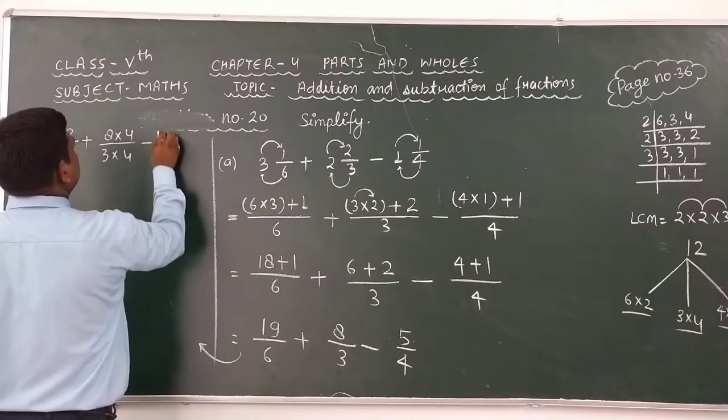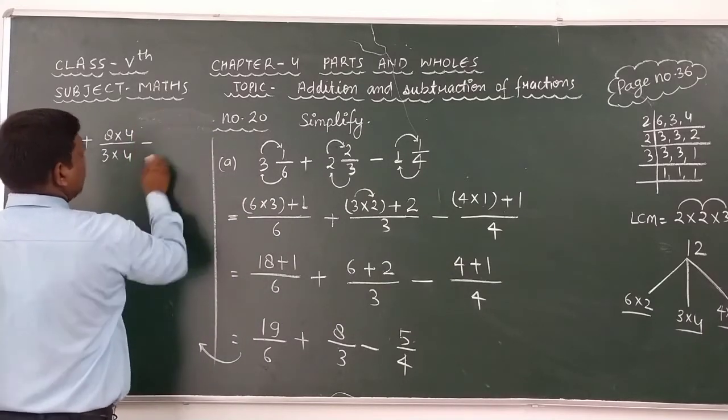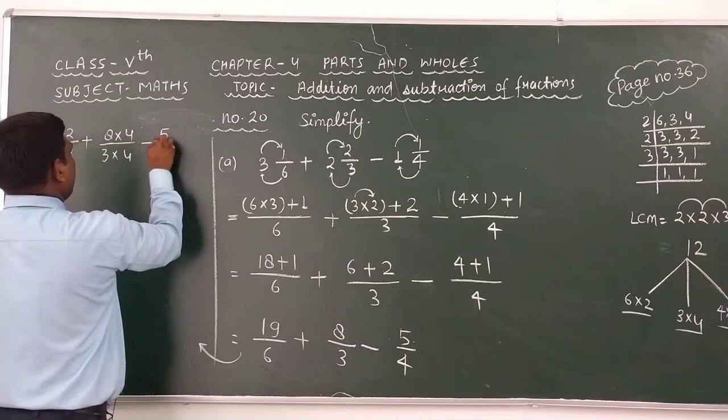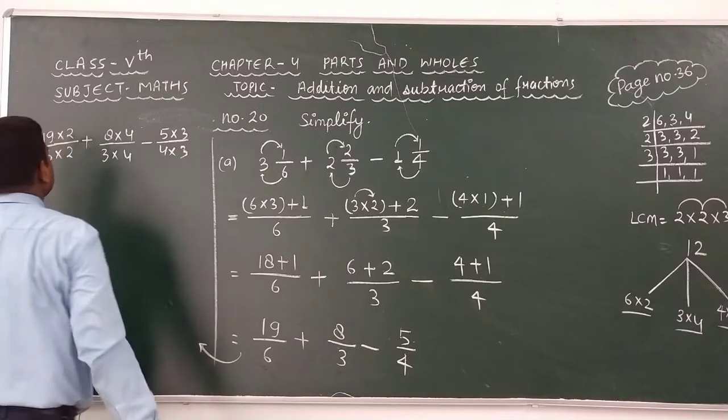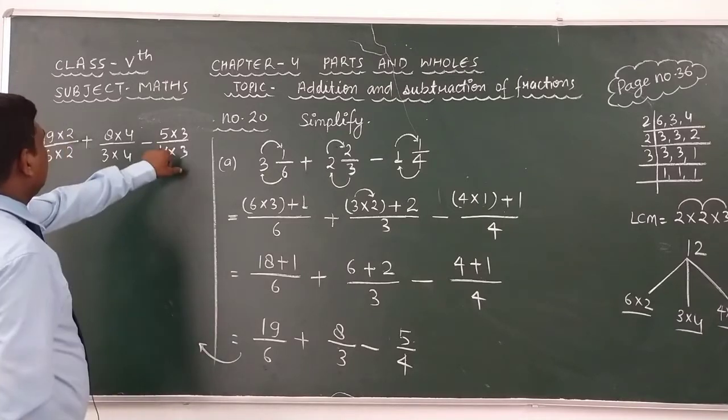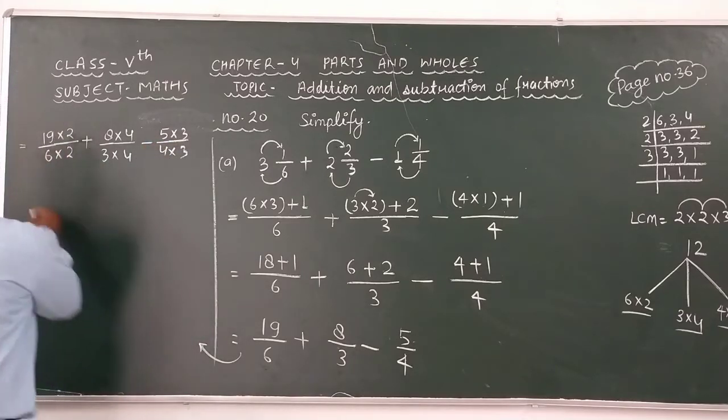Okay, 5 over 4 multiplied by 3, multiply by 3.